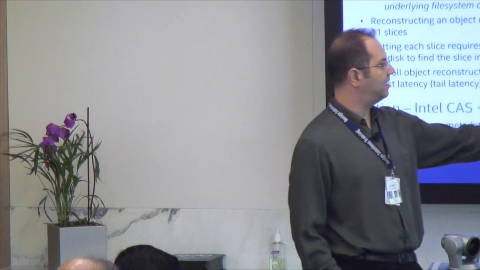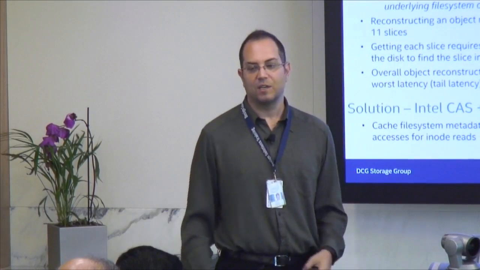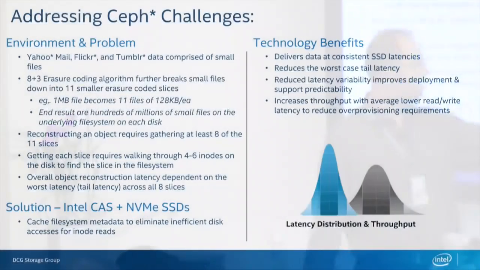So if you look at this on the right-hand side, the gray is the hard drive latency curve and what your worst case tail latency could be when gathering these pieces off of the hard drives. And then with CAS, putting all the inodes on the NVMe SSD basically shifts that whole curve left because NVMe SSD latencies are way better than hard drive latencies to begin with. And it tightens that curve because of the consistent latency performance of the NVMe SSD.